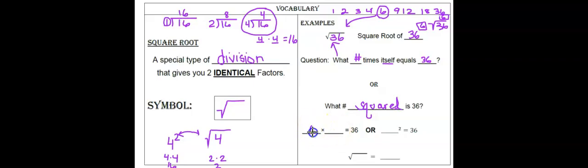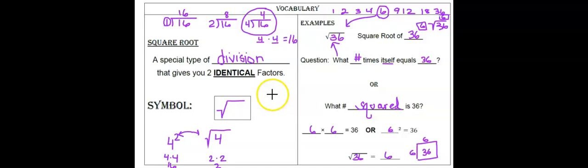And you should come up with 6 times 6 matches, 6 squared matches. So the square root of 36 is that one factor 6. And if you think about a square itself, it's going to have 36 squares in it, and the dimensions have to be exactly the same.